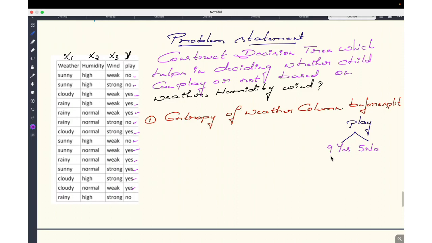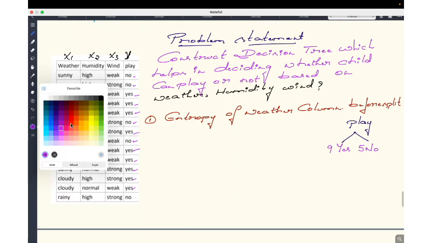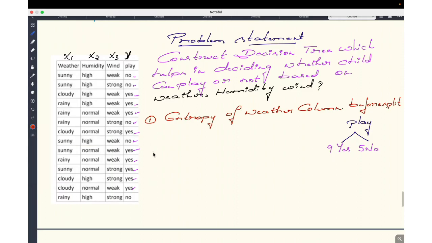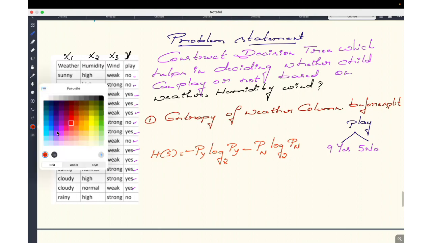You have to find the entropy now. We know the entropy formula, if you remember: H of S equals minus probability of the positive class, here I'll call it probability of yes, log base 2 probability of yes, minus probability of no log base 2 probability of no. You know, when you toss a coin, what is the probability of getting head?